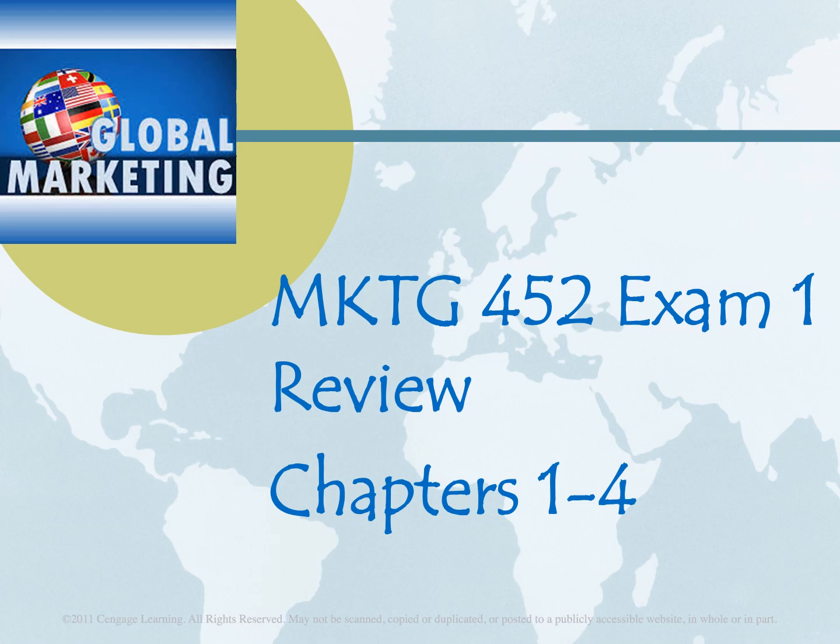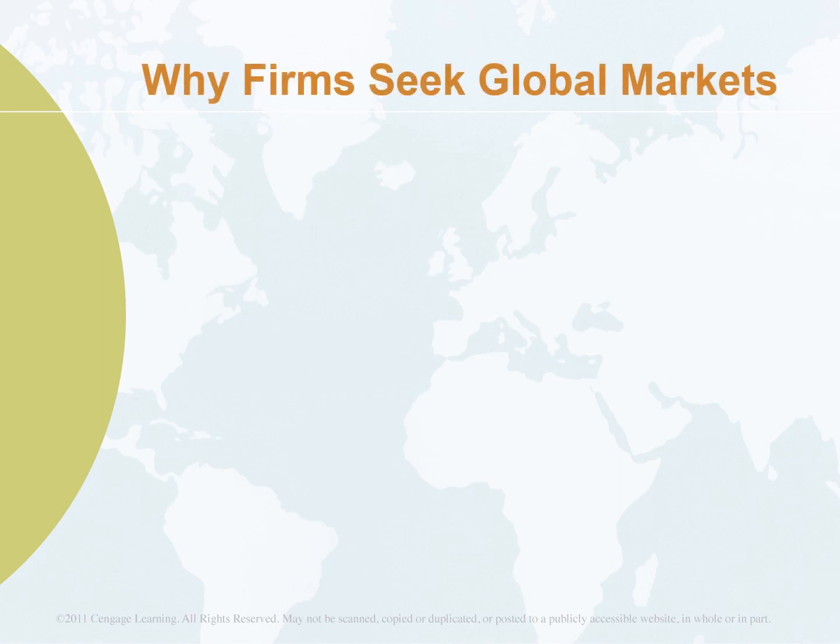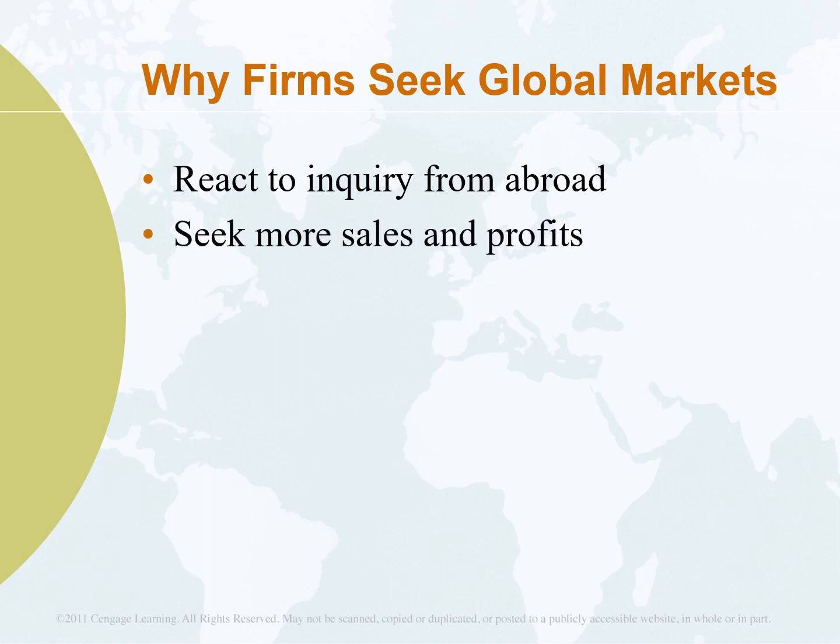Okay, let's go over the key concepts and theories we talked about in the last 4 chapters. First, we talked about why companies seek global markets. One reason could be to react to inquiries from abroad.